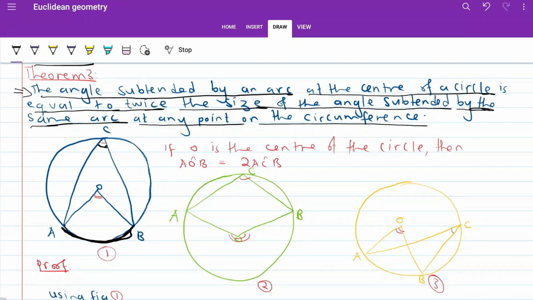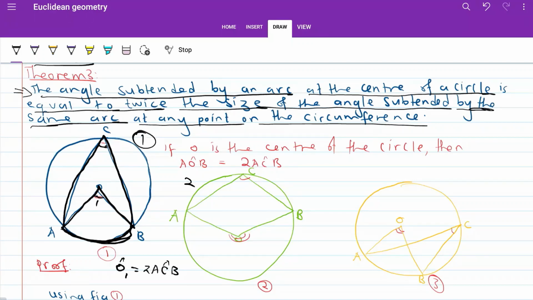So arc AB subtends angle C at the circumference, and the same arc AB subtends angle O1 at the center. So according to the theorem, our O1 should actually be 2 times the size of angle ACB.